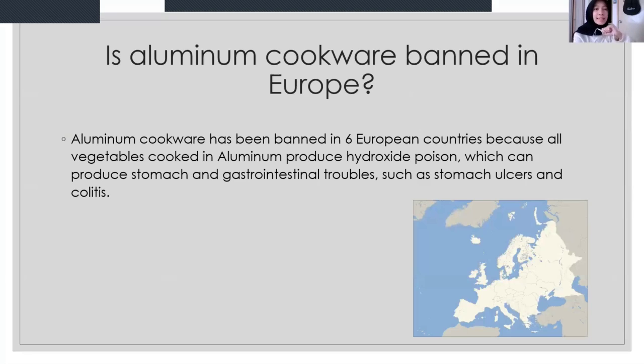Next, is aluminium cookware banned in Europe? Aluminium cookware has been banned in European countries because all vegetables cooked in aluminium produce hydroxide poison, which can produce stomach and gastrointestinal troubles such as stomach ulcers and colitis.